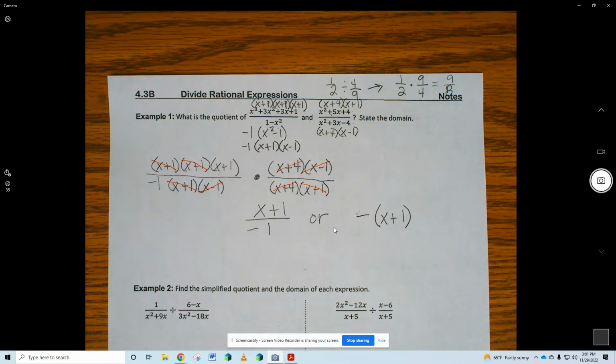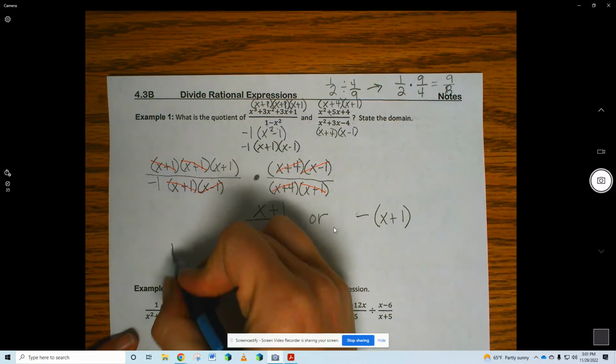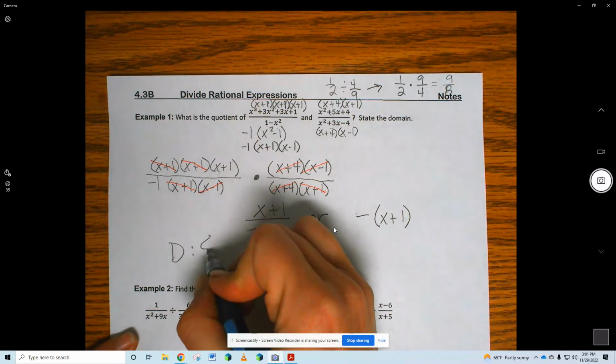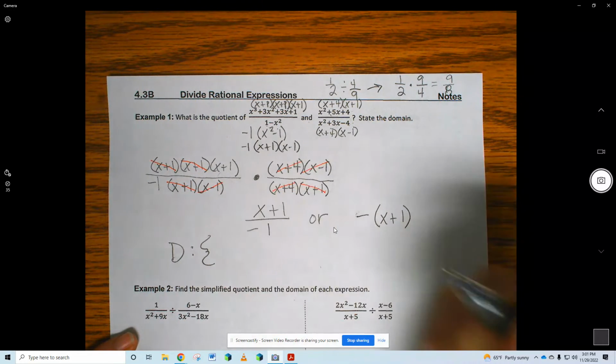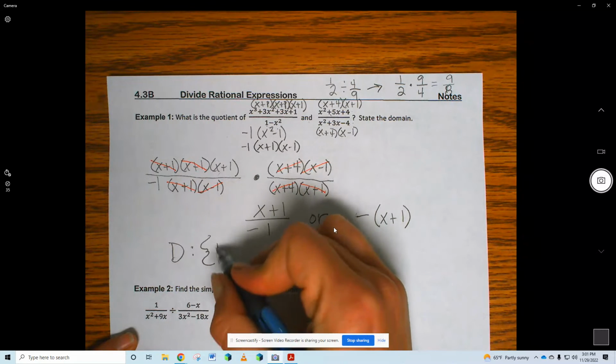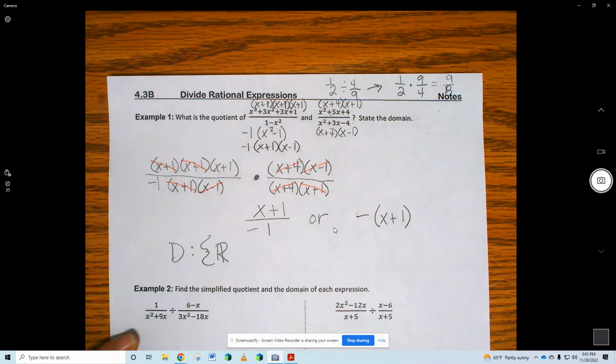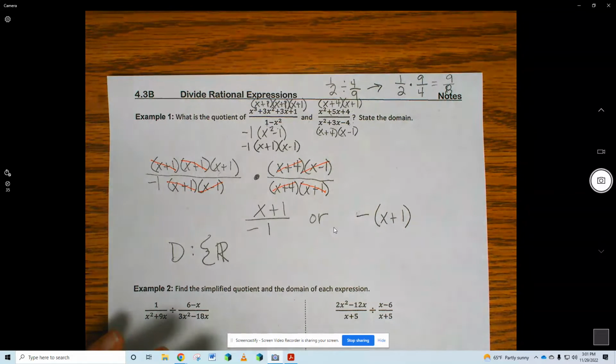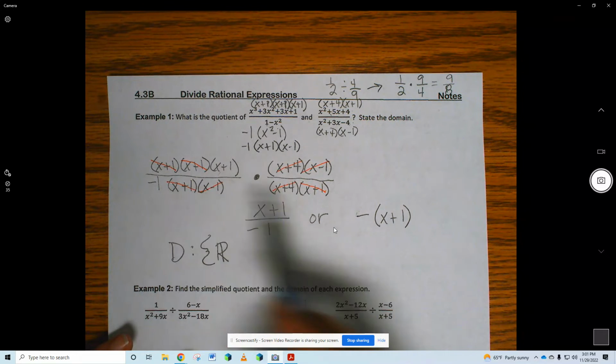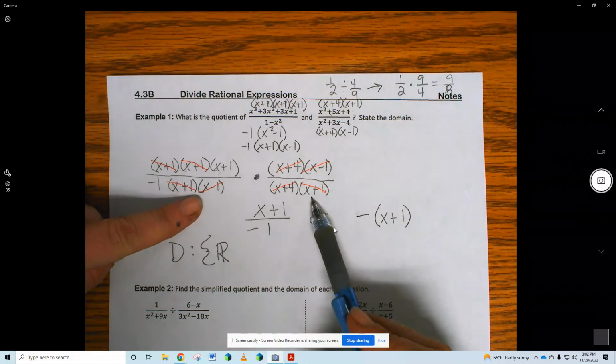I'm asked to find the domain. Remember, my denominator cannot be 0. Domain. Fancy brace. What number can I not have in the denominator? Guys, go back to the original.